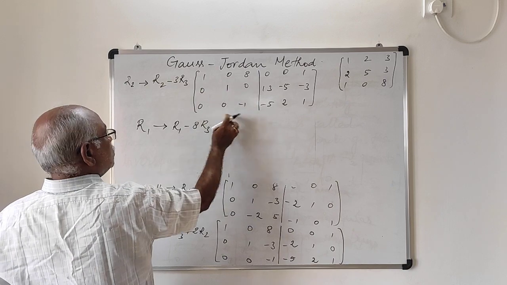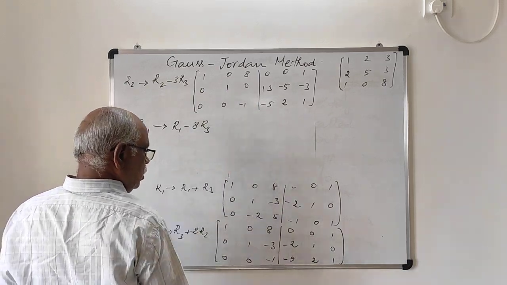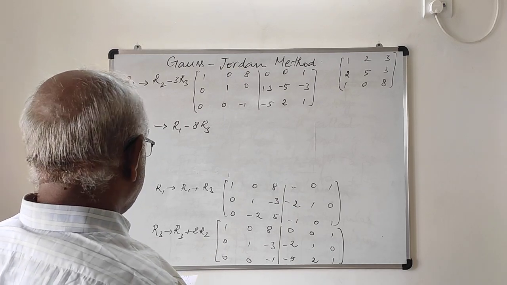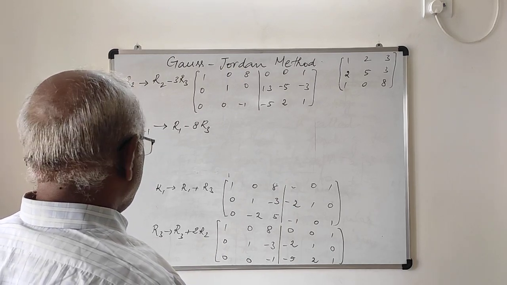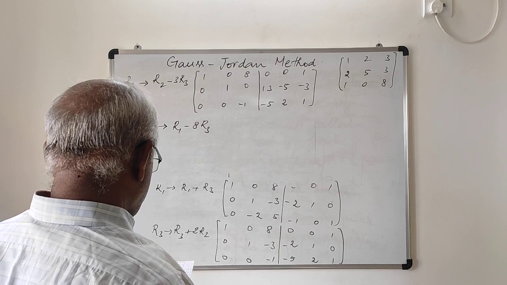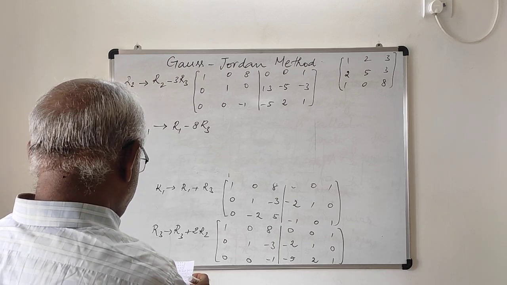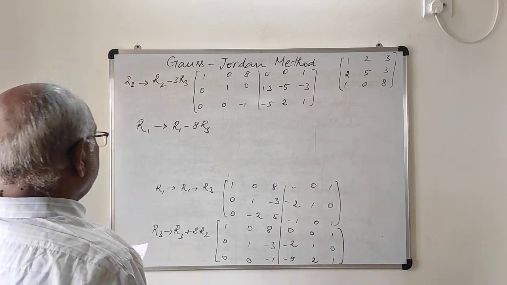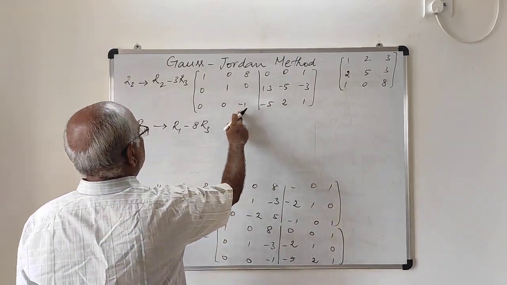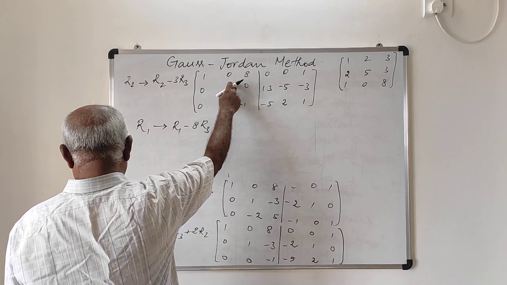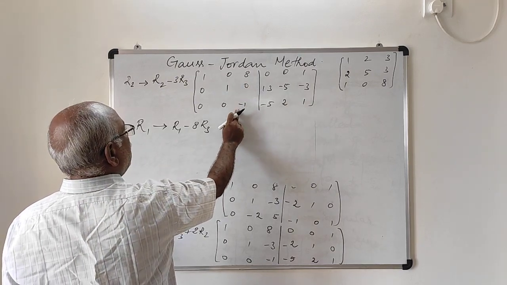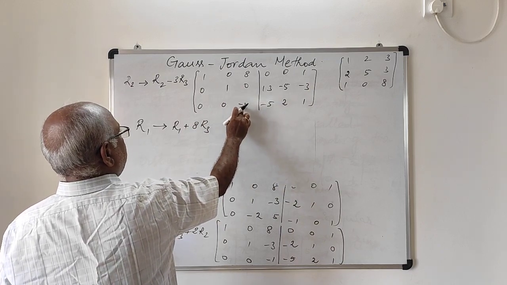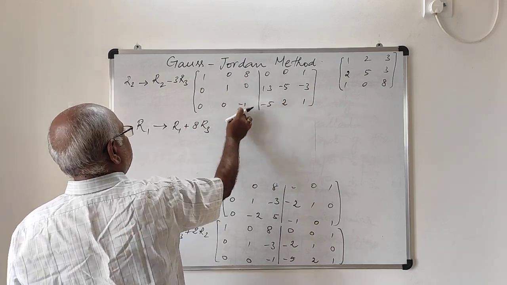0, 1, 0, 0, 0. R1 minus 8 R3: R1 is 1, 8 R3 is minus 8, plus 8 is 0.